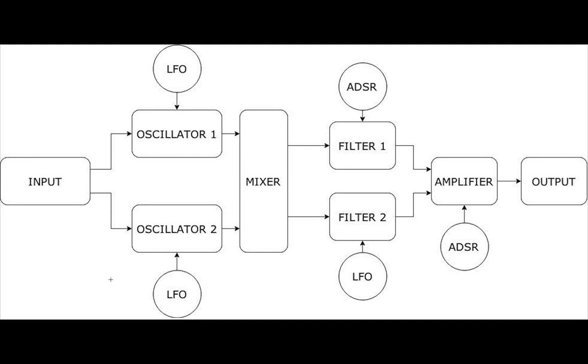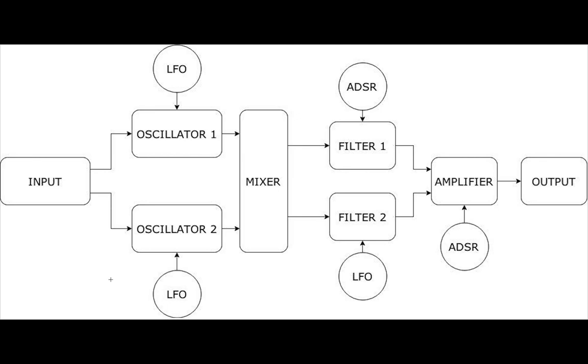So for example here we've got LFOs, or low frequency oscillators, affecting both oscillators. Now in the modulation matrix you might have LFO on oscillator 1 affecting the pitch of oscillator 1, and on oscillator 2 it could be doing something like altering the pan from left to right.